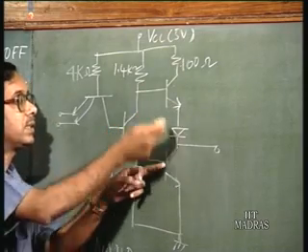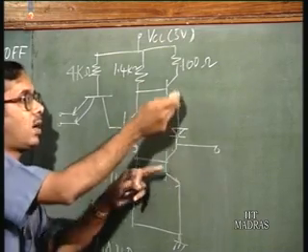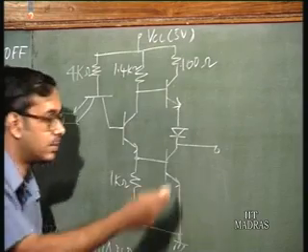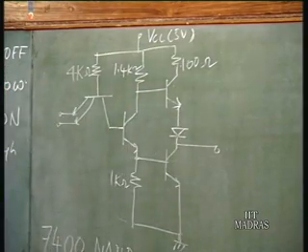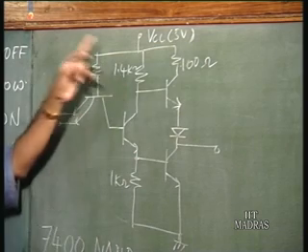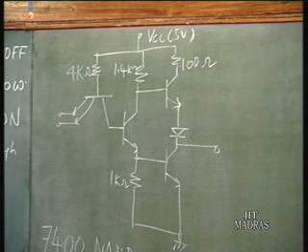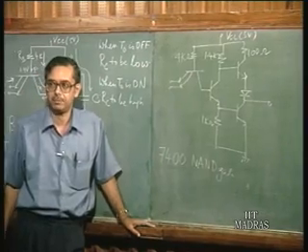When the pull down is on, the pull up will be off. When the pull down is off, the pull up will be on. That is what is achieved by this part. We shall again go through this circuit qualitatively first.